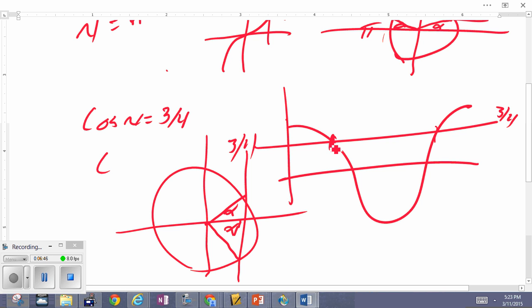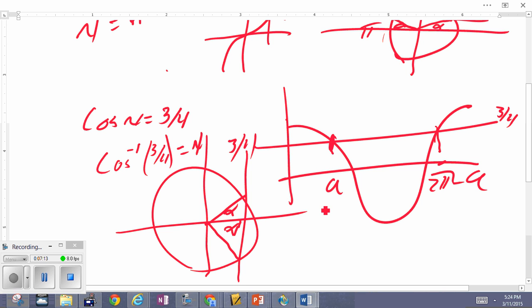So if this is where that value hits A, then the next time it hits is going to be 2 pi minus A. And so again, if we want that actual decimal value, we would have to do the cosine inverse of 3/4 and let that equal x.